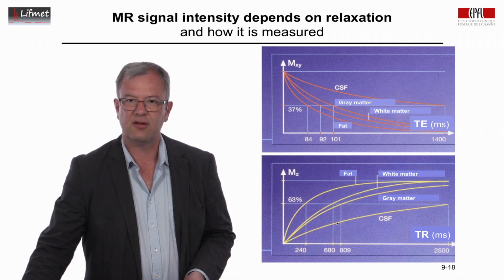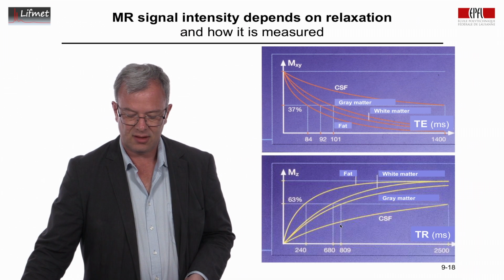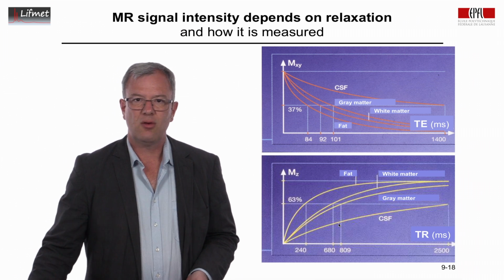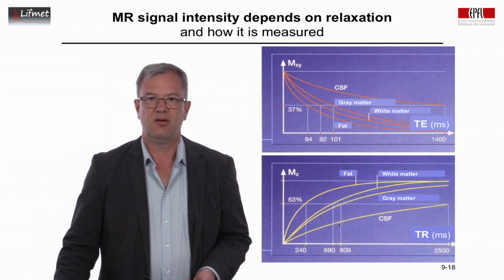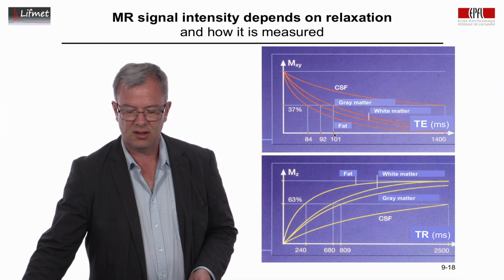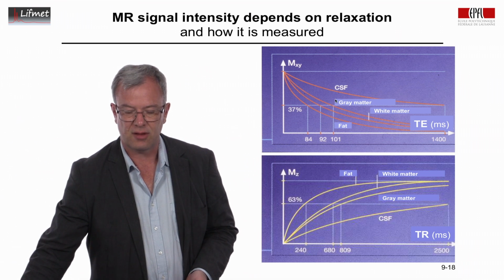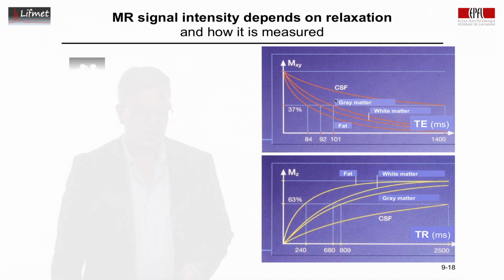So actually the signal from the cerebrospinal fluid will be lower compared to the signal from gray matter and white matter. And so even though it has a long T1 and a long T2, in T1 weighted images the CSF will be dark, and in the T2 weighted images it will appear bright compared to the other tissues. So let's look at an example here.